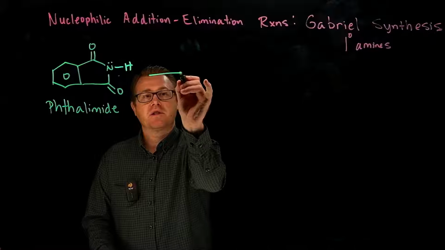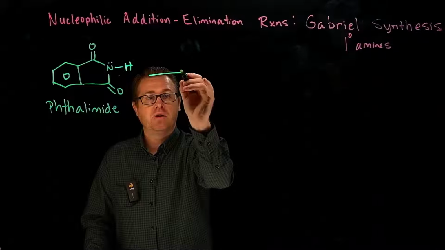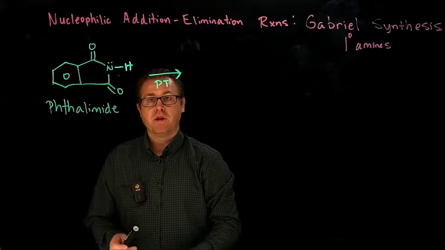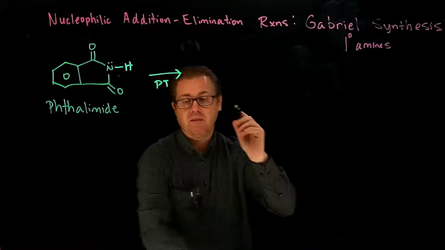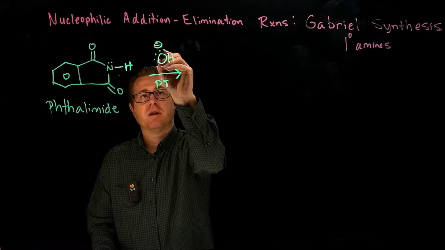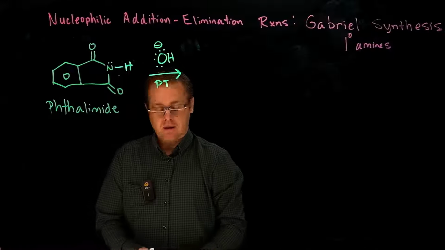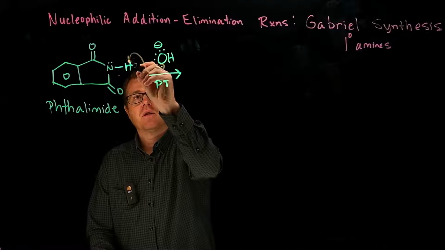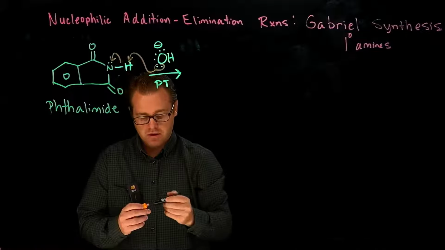So in our first step here, we are going to do a proton transfer, in which we're going to use our potassium hydroxide. I'll just represent it as the hydroxide. And we're just going to do a proton transfer like so.